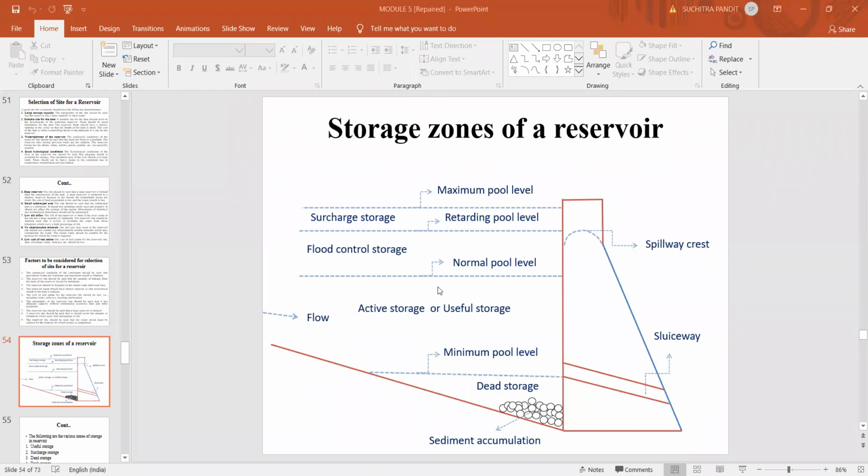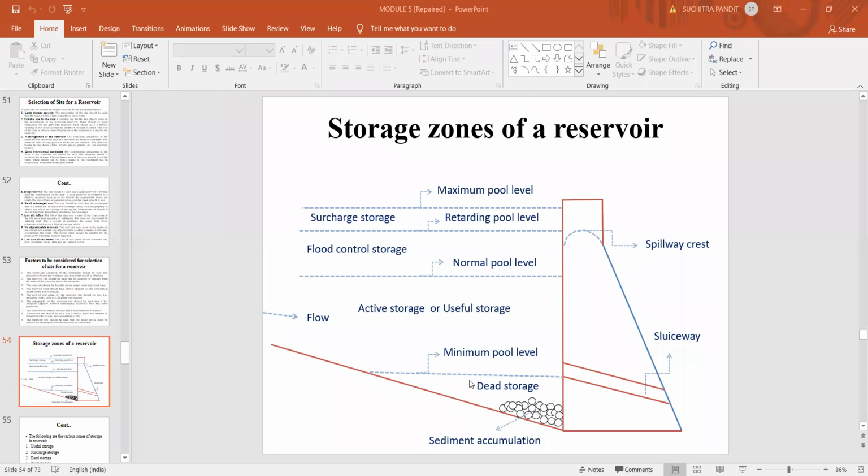The portion of water between the normal pool level and the minimum pool level is called the active storage or useful storage. This amount of water can be utilized for various purposes. It is also called live storage.